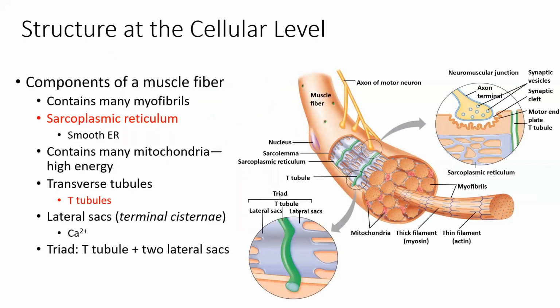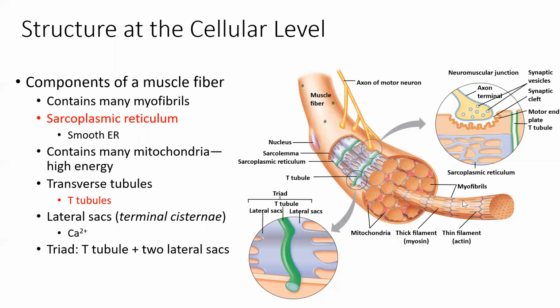Okay, getting into, again, more of the histological appreciation of muscle here. If we look inside a single muscle fiber or a single muscle cell, we're going to see many myofibrils. Myofibrils are the contractile units of muscle, right? They are elongated fiber-like structures running up and down the length of the muscle fiber.